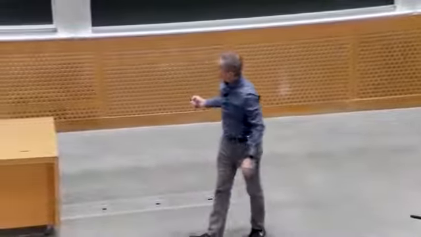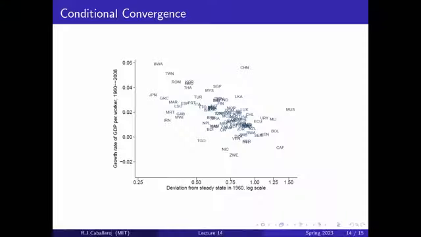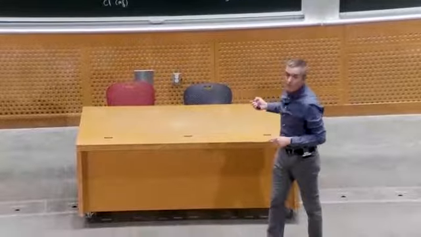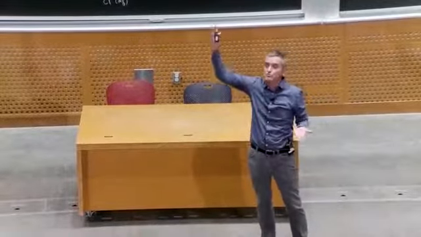So this variable here is the output you had at the beginning of the sample relative to what your steady state is. How do you compute the steady state? Well, you input the level of technology, you input the saving rate, you input the population growth, and all these kinds of things. So a number lower than 1 means you still have catching up growth to do.